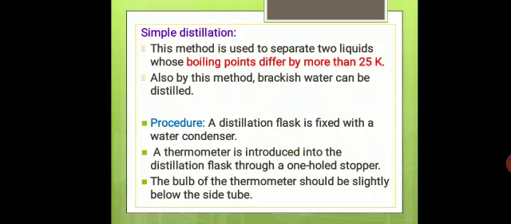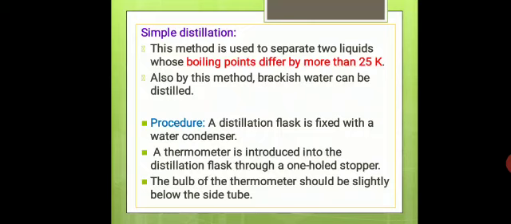So when can we use this simple distillation? See the first point, this method is used to separate two liquids whose boiling points differ by more than 25 Kelvin. So if I am having two liquids mixed up, then their boiling points should differ by more than 25 Kelvin.